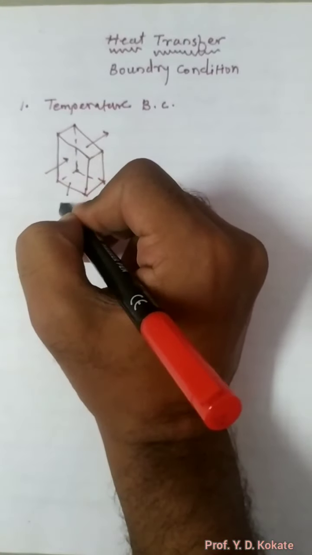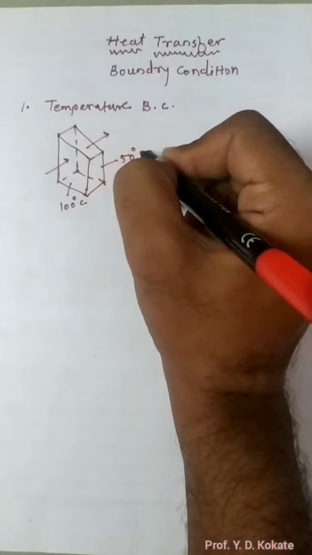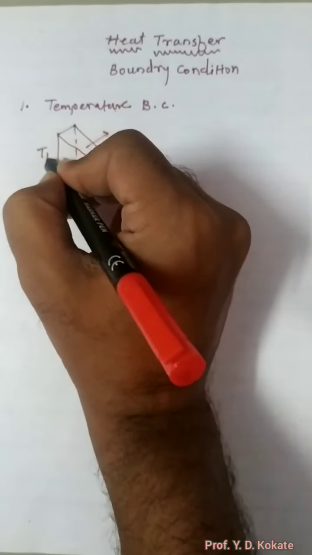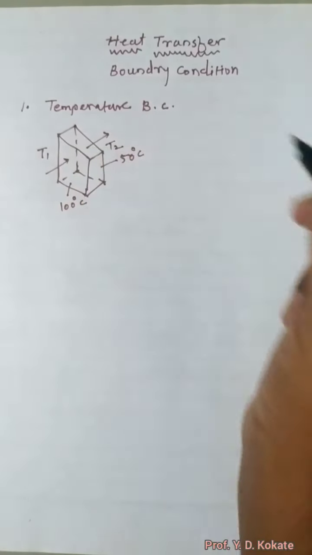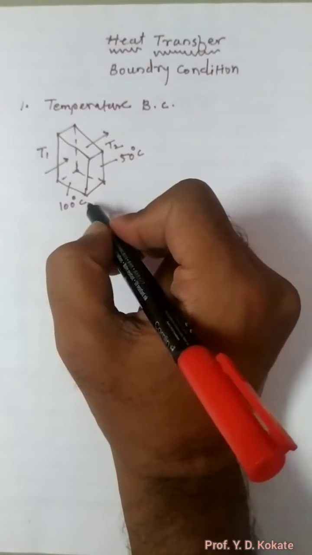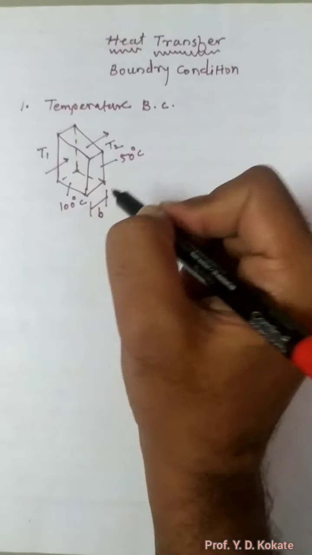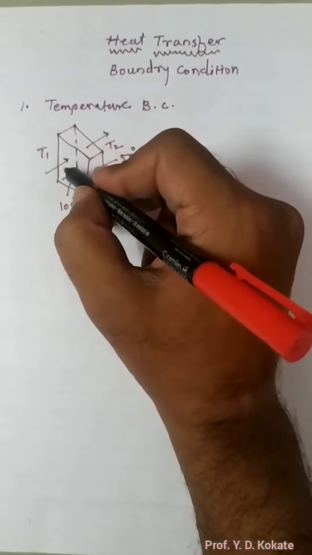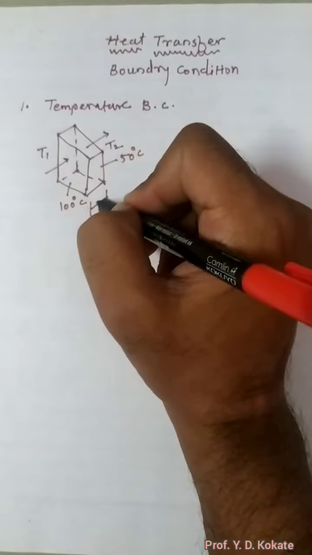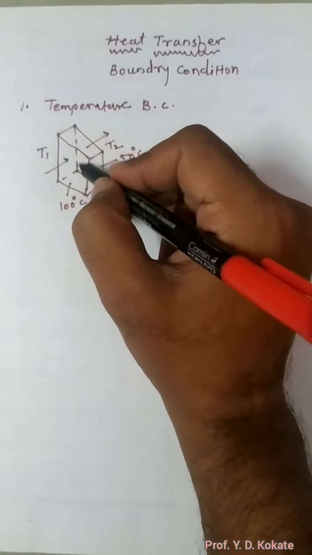Let's say here the temperature is 100 degrees Celsius and here the temperature is 50 degrees Celsius. I call this temperature T1 and this temperature T2. So what are the boundary conditions? If I take the thickness of this as B, the heat transfer direction will be parallel to the B direction. So this is my required surface area and these are my temperatures.